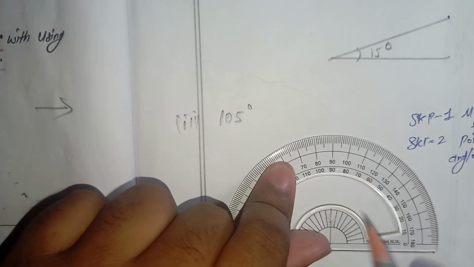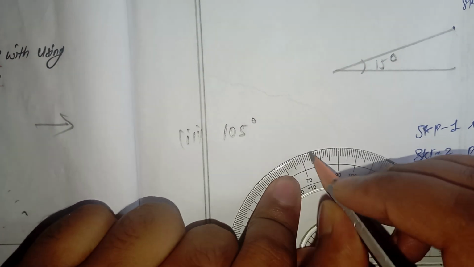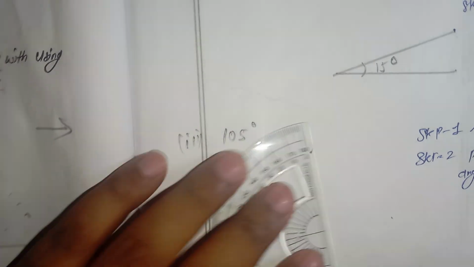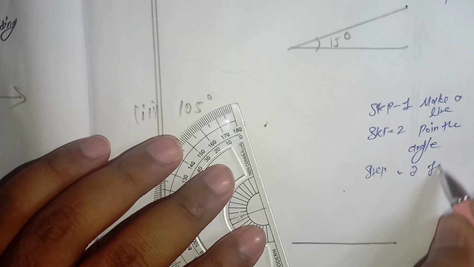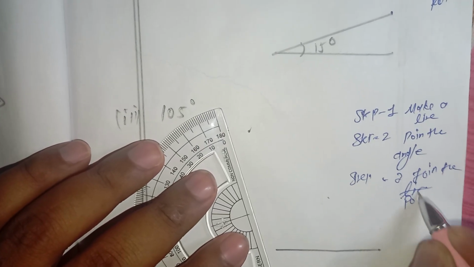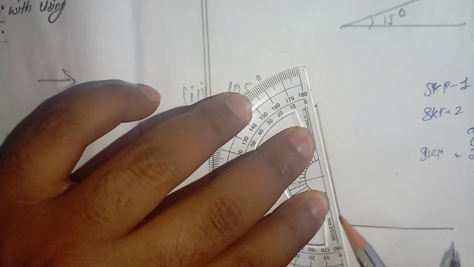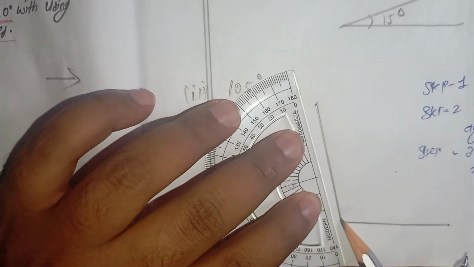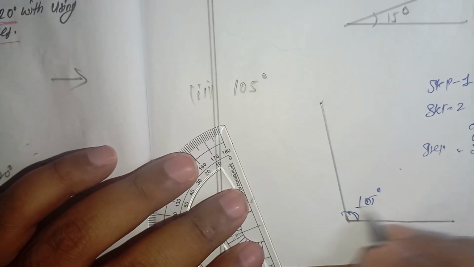It is 105: 10, 20, 30, 40, 50, 60, 70, 80, 90, 100. This is 105 here. Now step 3, join the line, join the point. Simple. This is going to be the 105 degree angle.